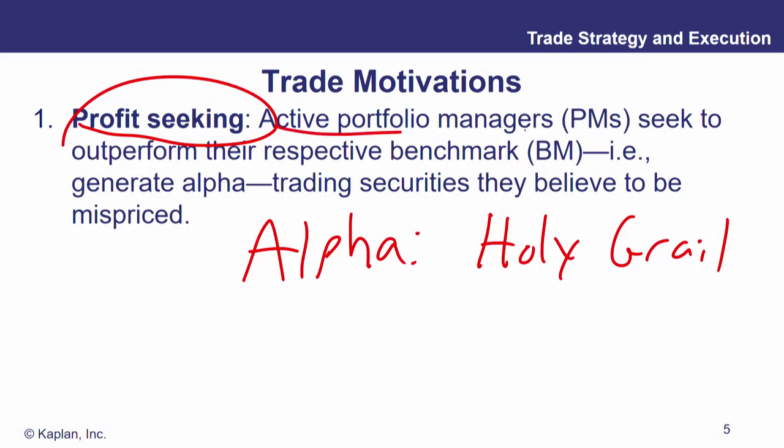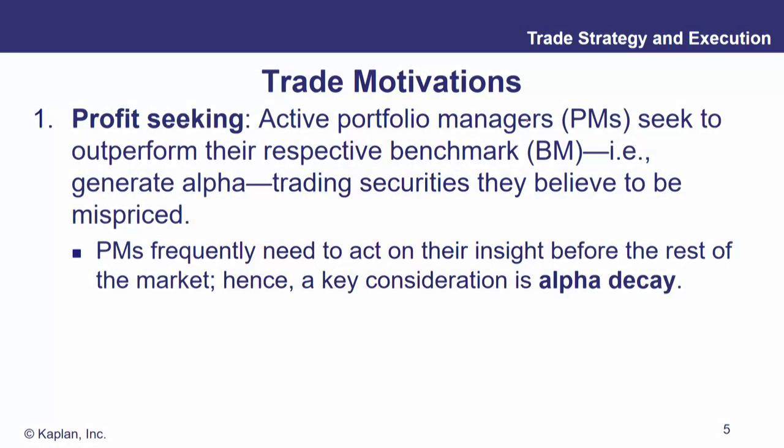If I'm an active portfolio manager, I need to generate alpha, and I'm doing this because I believe trades are mispriced, and I've got to go in there and exploit that opportunity. So when you're having an active portfolio manager, we have an issue about alpha decay.